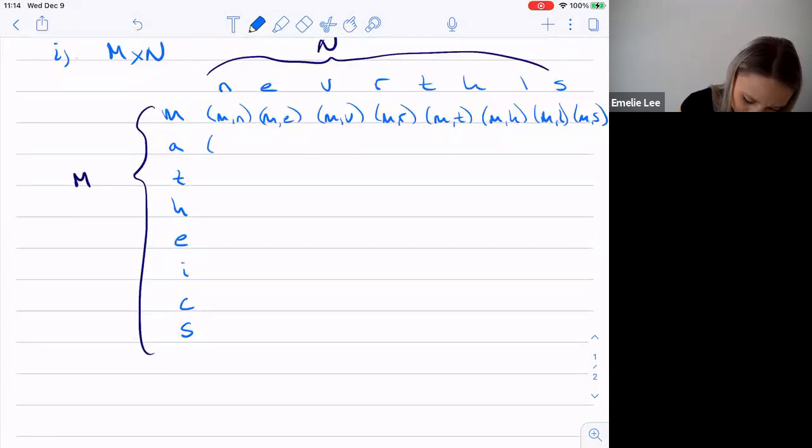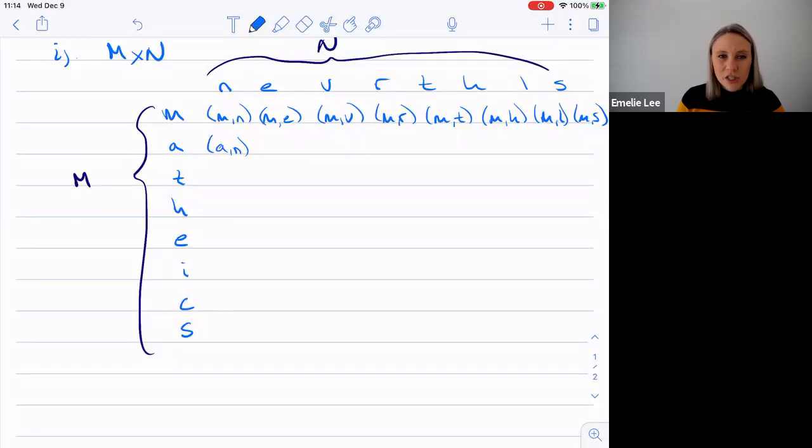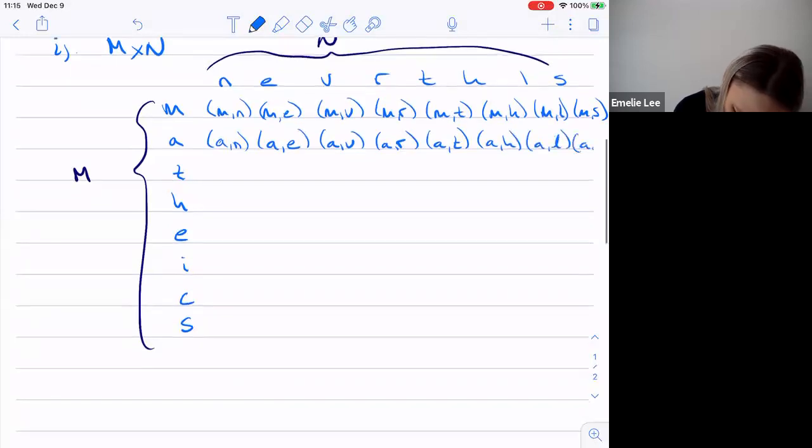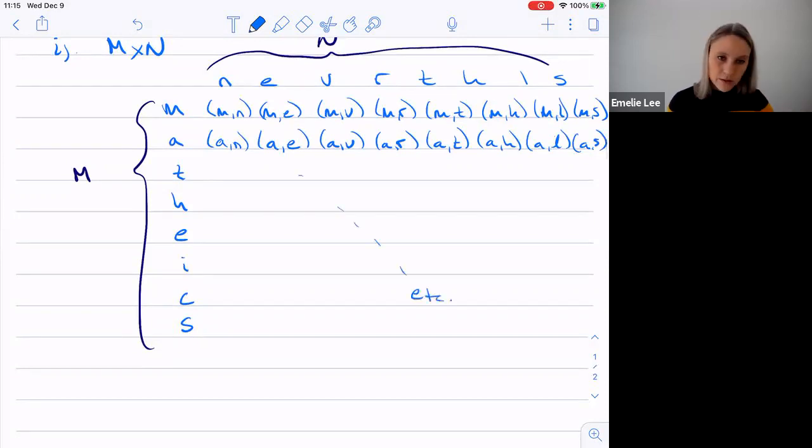I'm gonna do this next row here, AN, and then I'm gonna cheat because it is in the solutions that I just posted. So AE, AV, oops, AR, AT, AH, AL, AS, etc. Okay.